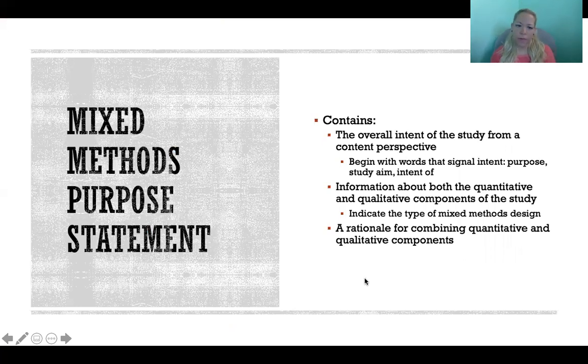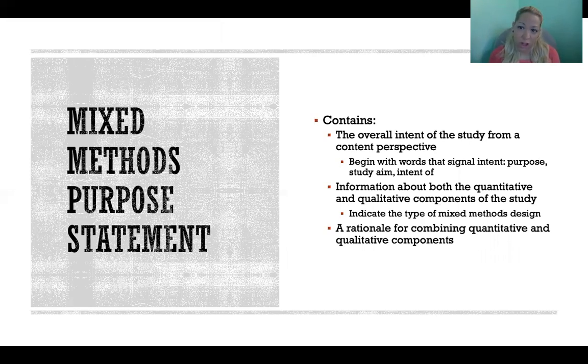All right, for a mixed methods purpose statement, it should contain the overall intent of the study from a content perspective. And as with the other two types, begin with words that signal intent, like purpose, study aim, intent of, objective, those sorts of words. And then you're going to want to include the information about both the quantitative and qualitative components. So you're going to include a lot of what we just discussed for qualitative and quantitative purpose statements.